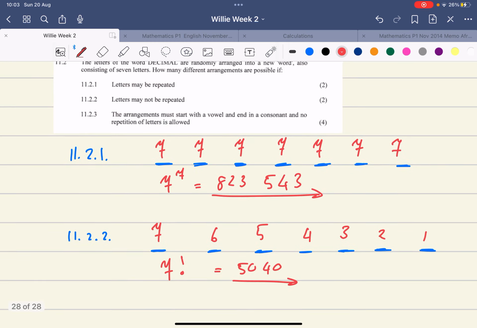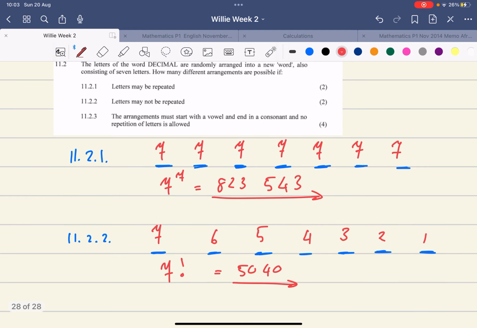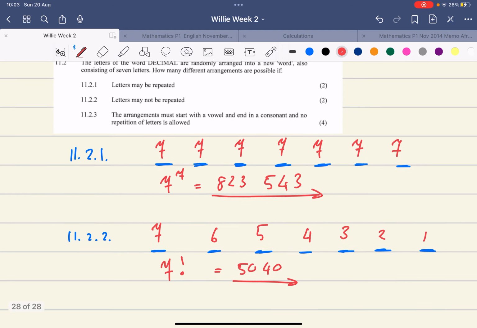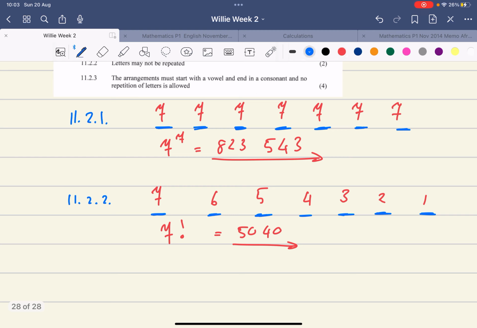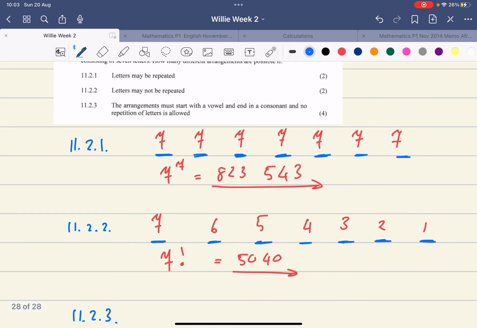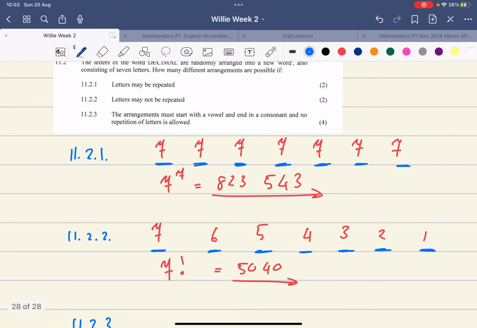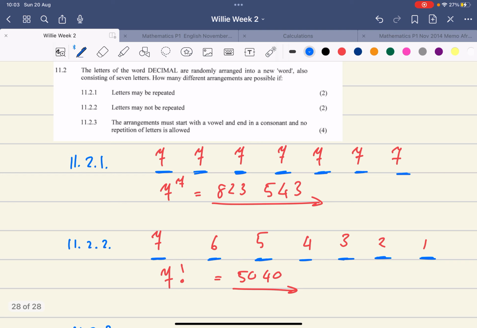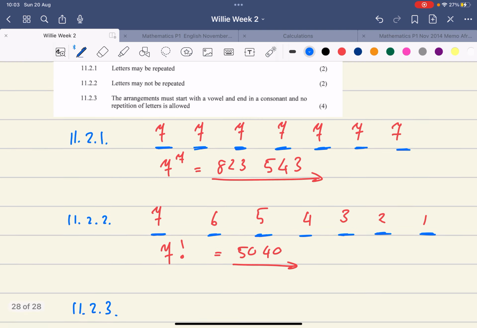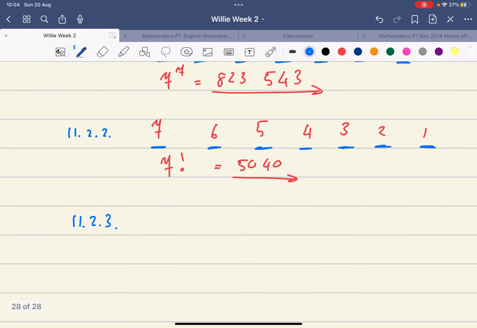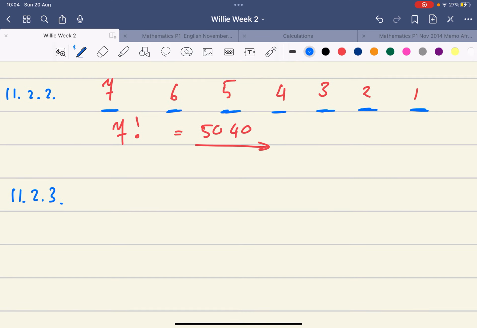So that is questions 11.2.1 and 11.2.2. And then 11.2.3 is a bit more complicated. It says the arrangements must start with a vowel and end in a consonant, and no repetition of letters is allowed. So let's just look at the word decimal.